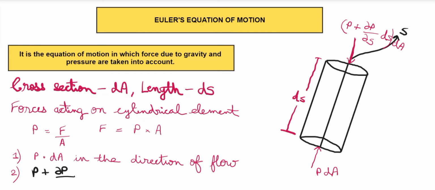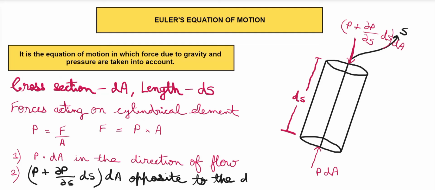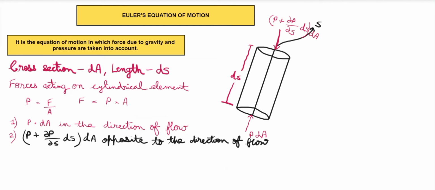We'll just write here that our second force is P plus del P by del S into ds into dA, which acts in opposite direction of the flow. Del P by del S is the variation of pressure with respect to length.